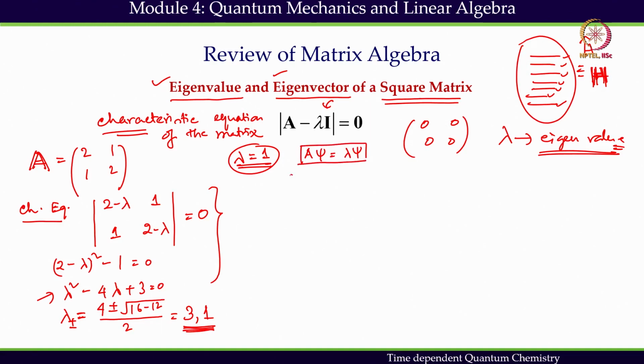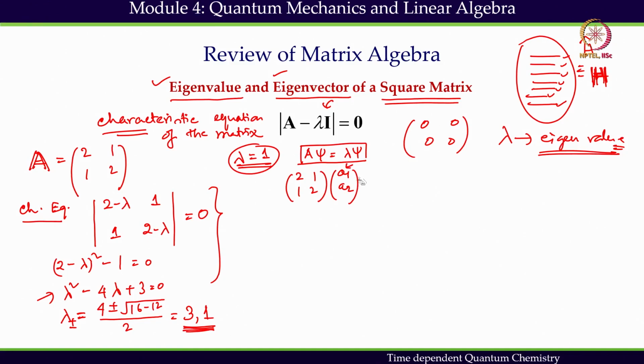A has been represented in terms of the matrix 2 1 1 2. Then psi is unknown to me. That is why I will write A1 A2. Remember, I am now representing psi in a basis, and that basis gives me these coefficients, just like the way we have presented previously.